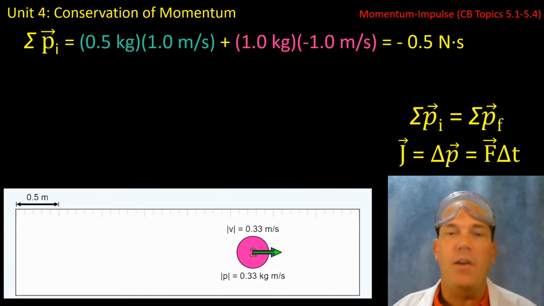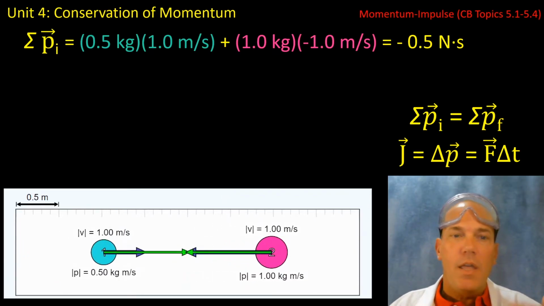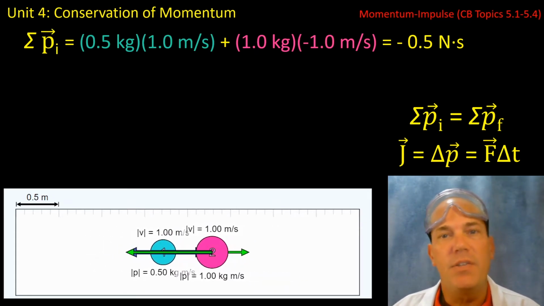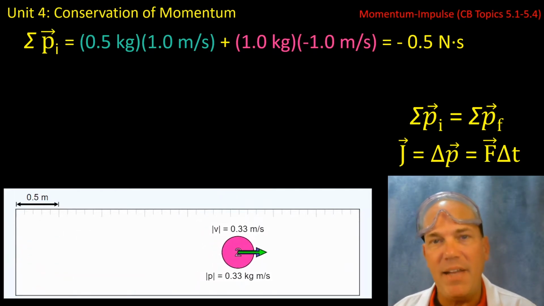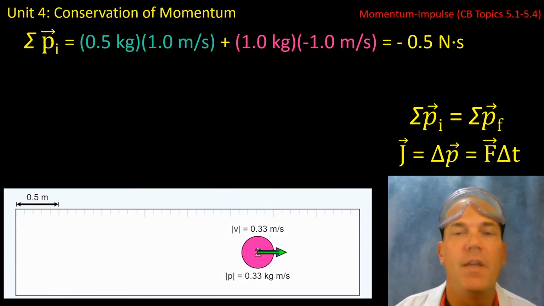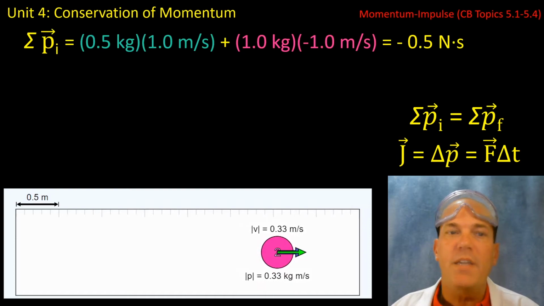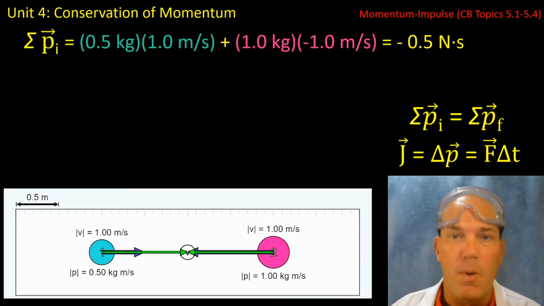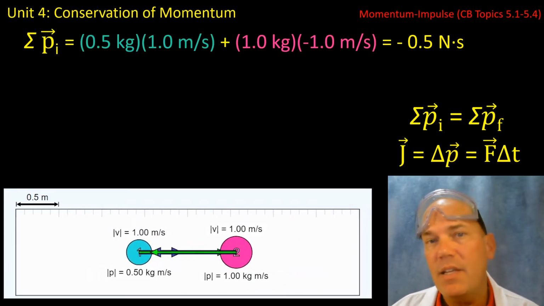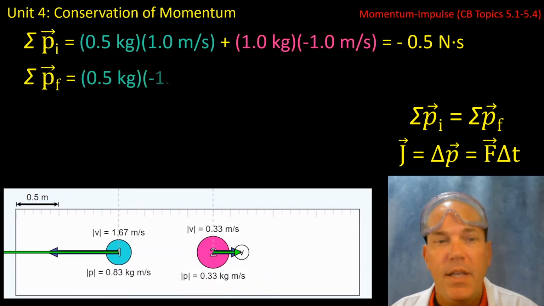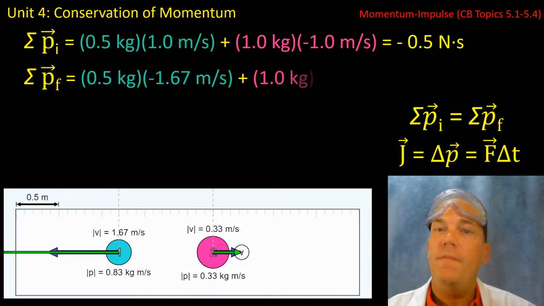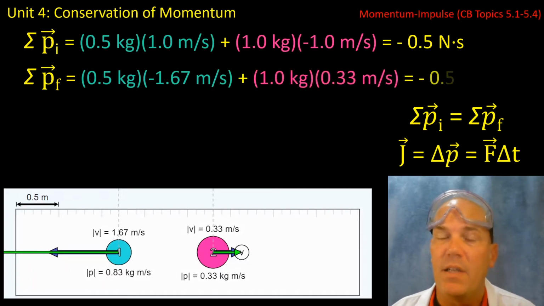Notice again, they are heading toward one another. The light blue has a velocity to the right. The magenta has a velocity equal in magnitude, but to the left. So when we sum these initial momenta, we get -0.5 Newton seconds.